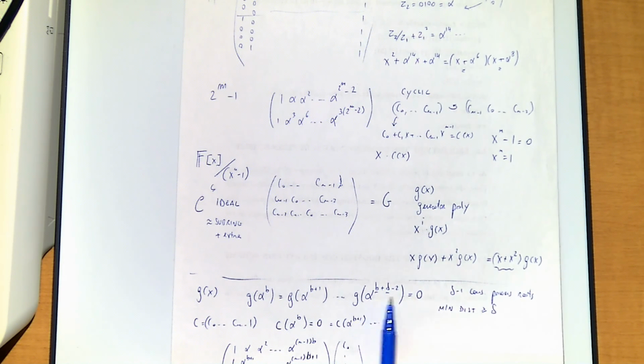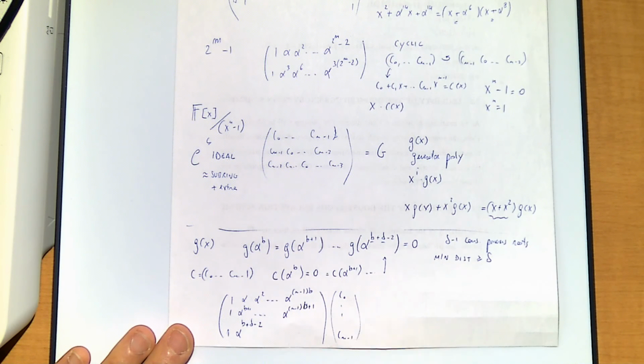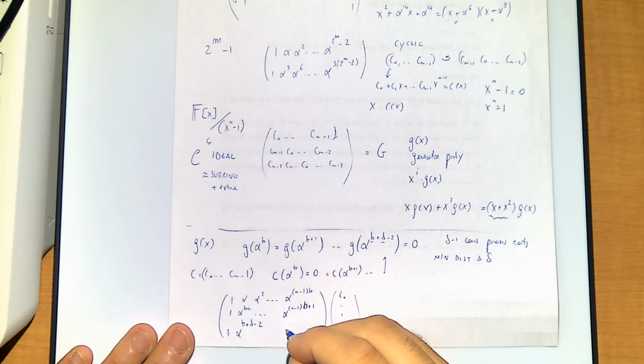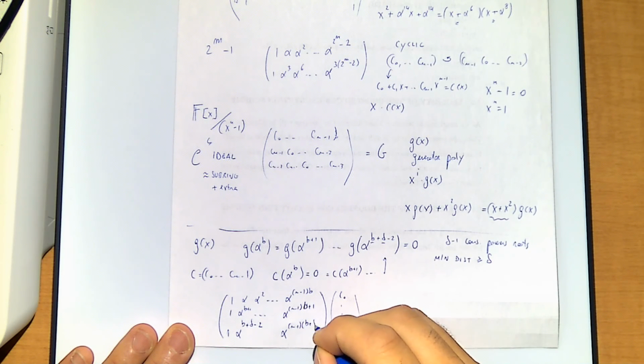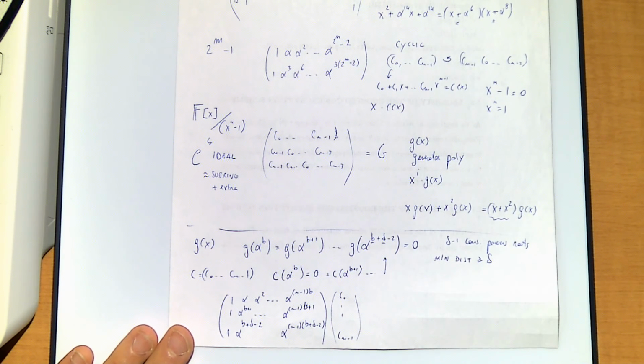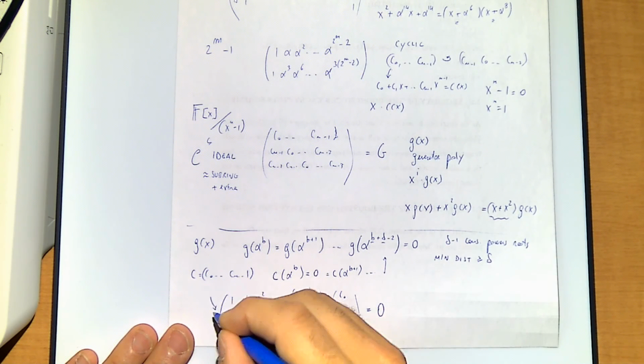And then I do it until the last part, which is 1, alpha to the b plus delta minus 2, and then alpha to the n minus 1 times b plus delta minus 2. And this corresponds to evaluating c in all these consecutive roots, which are the roots of my generator polynomial. And this is 0, so I can take this to be my H.